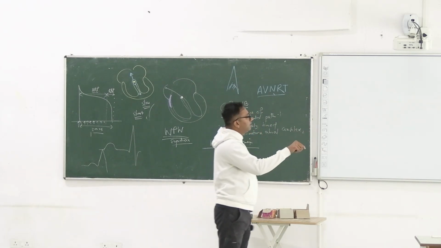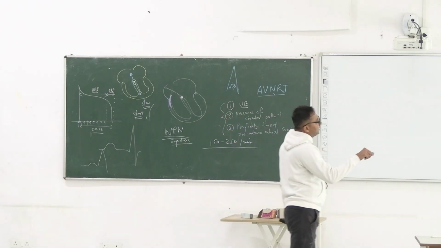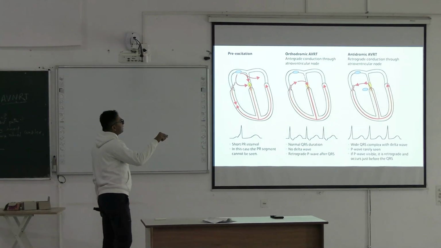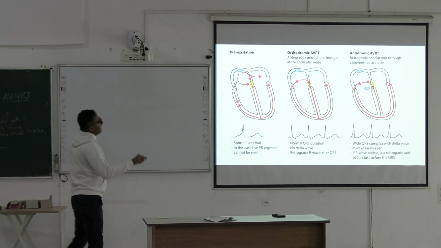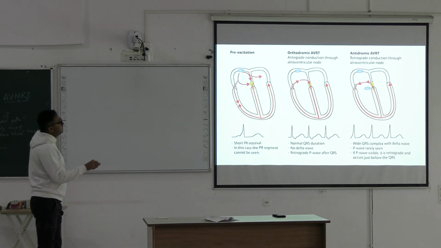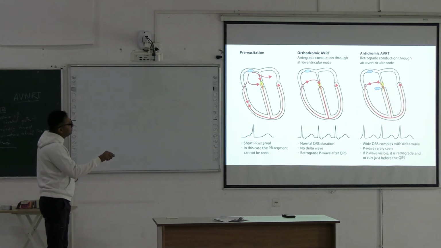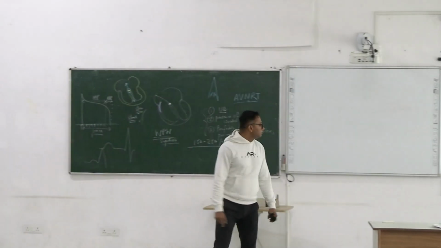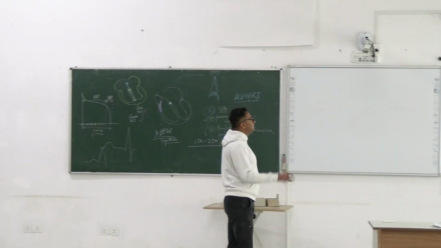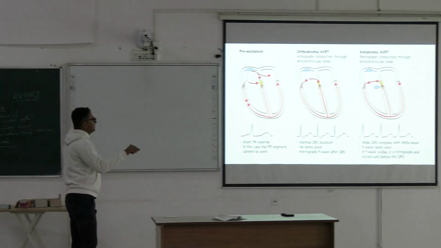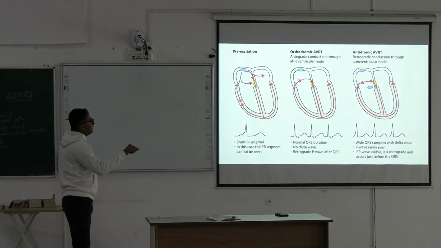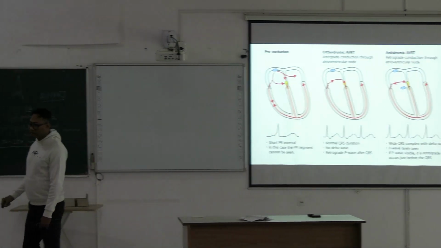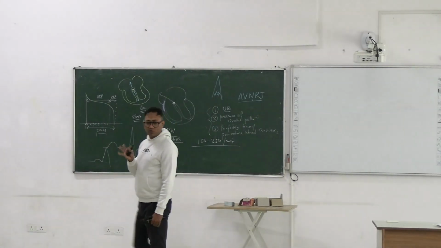In orthodromic AVRT, the action potential moves through the normal pathway, goes to the ventricle and comes back to atria through the abnormal pathway, and in antidromic, the action potential comes through the abnormal pathway and goes back through the normal pathway, right? And remember, this antidromic AVRT is more serious, because it has wide complex tachycardia, and adenosine will not work here.